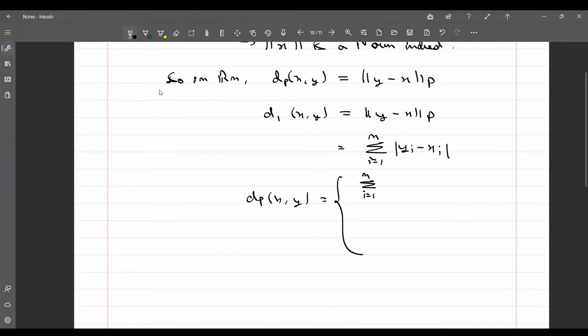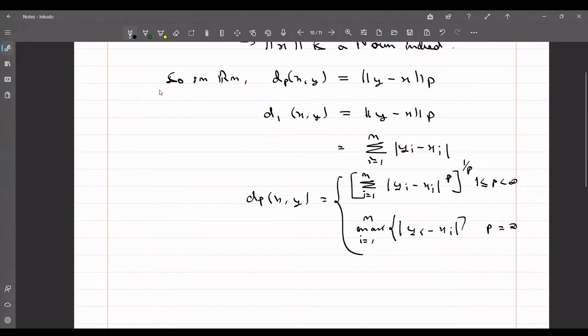We can write it as (summation of |y_i minus x_i|^p)^(1/p). Got it? Clear? This is when 1 is less than or equal to p less than infinity, and else it is max over i equals 1 to n of |y_i minus x_i| when p equals infinity. This is the metric definition.